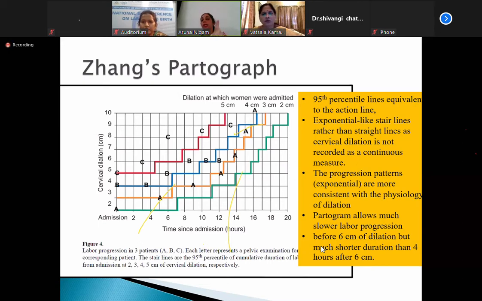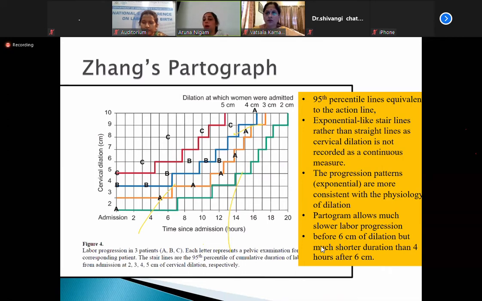Always remember, these are all statistical models. It is not that every hour you are going to put in your finger and test. No, these are statistical models which suppose that it will happen after 1 hour, 2 hours, or 3 hours. The progression patterns are more consistent with the physiology of dilatation.